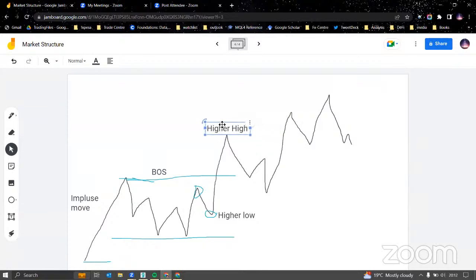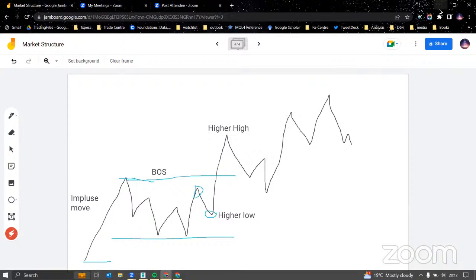That becomes clearer because now our reference or our impulse move is this one. I hope that makes sense. So now everything between this point and this point is just internal structure, up until we break the previous high again. So that's how you're able to discern what is working and what is not.